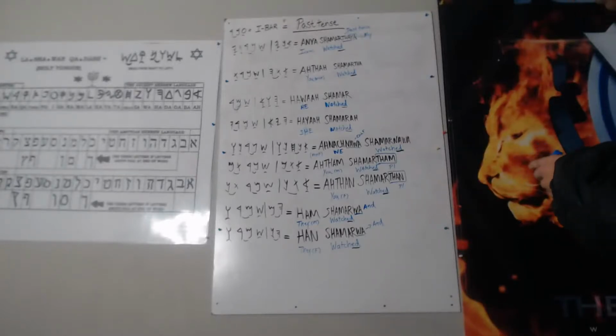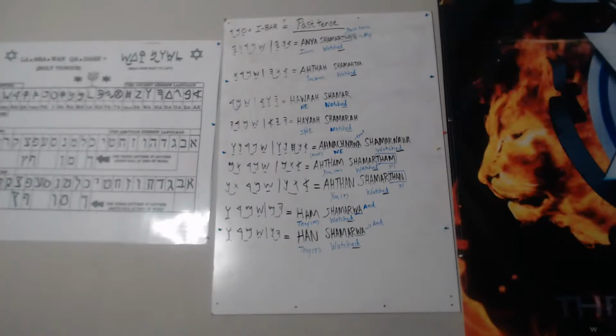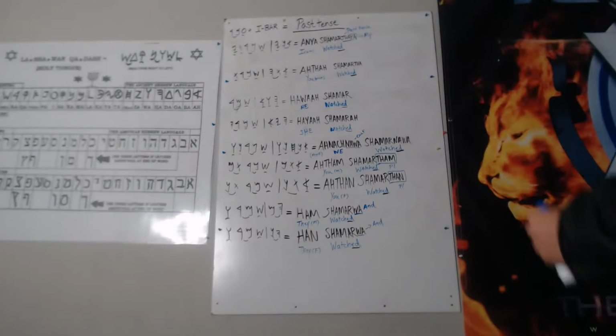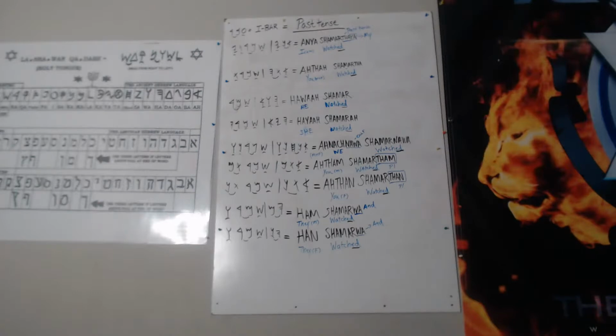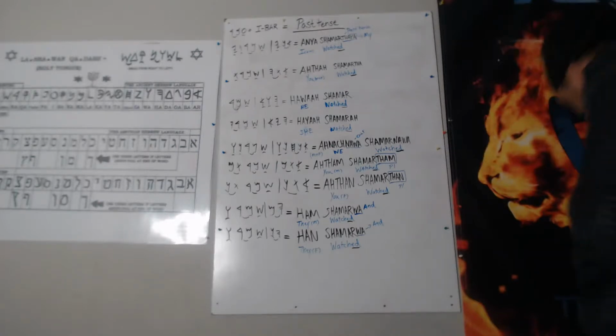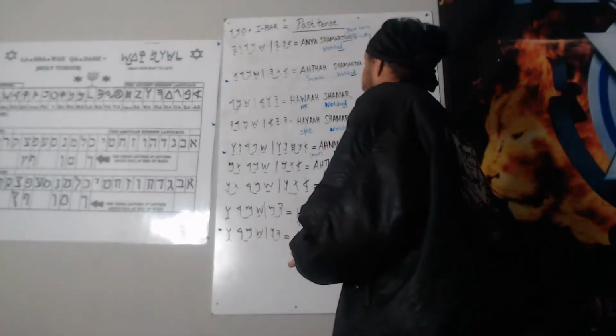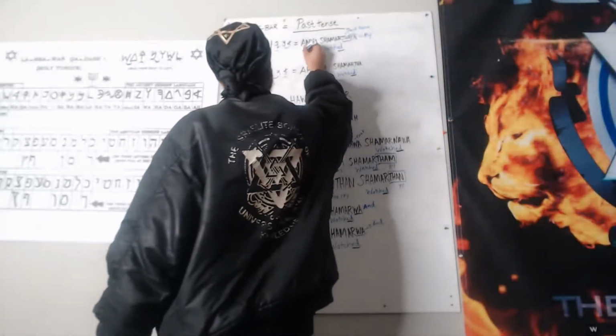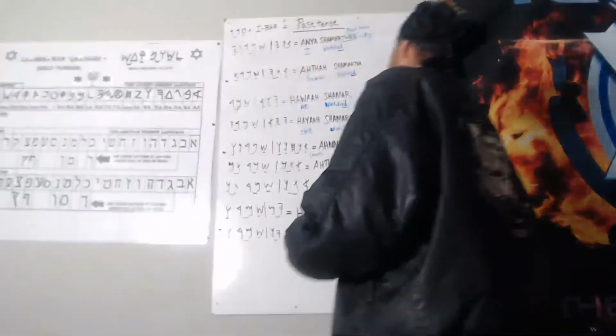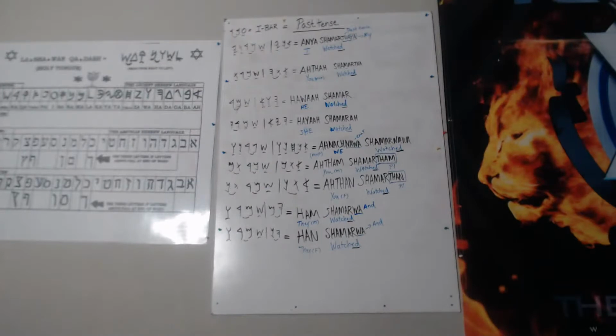Okay. All right. Well, so for the past tense, we know that past means avar. Ani shamarti. Ani shamarti is I watched. Okay? I or I am. But yeah, it would just be I watched. Atah shamarta is you watch. It could be masculine or feminine. All right.